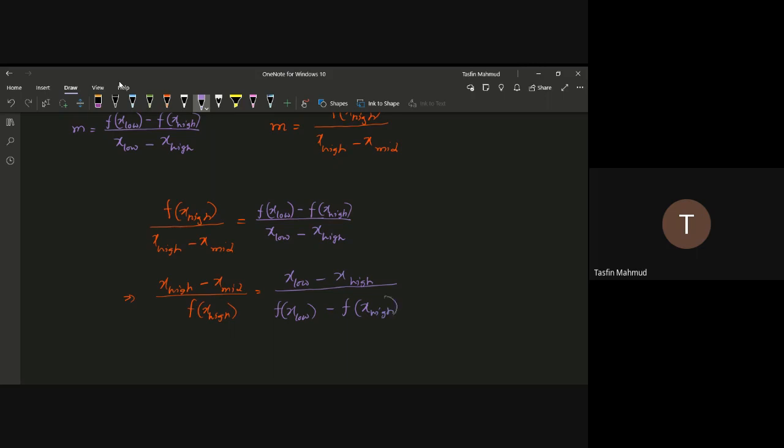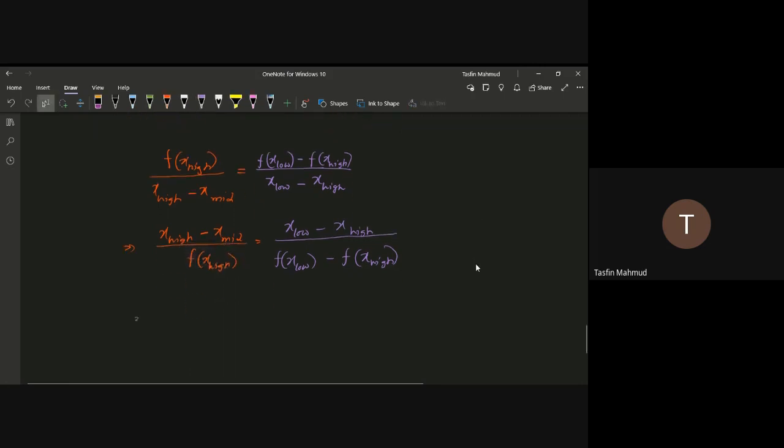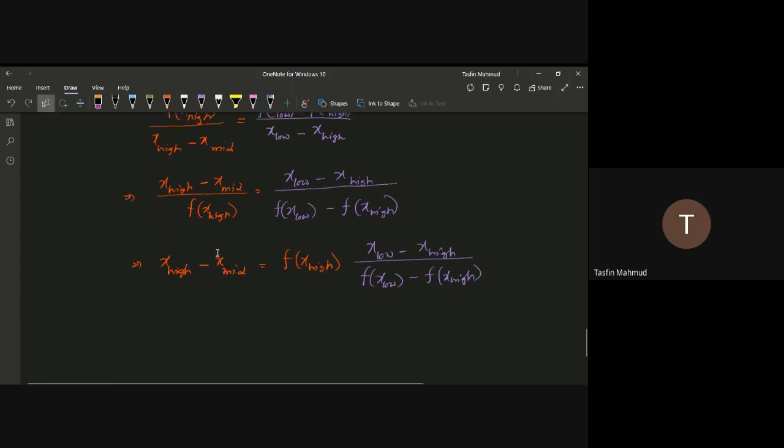And if I make this term to the other side, then we will have x high minus x mid equal to f of x high times this x low minus x high divided by f of x low minus f of x high, and from there we are going to calculate the x mid portion.